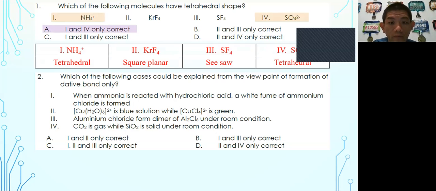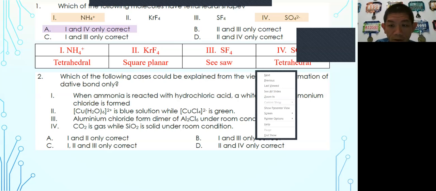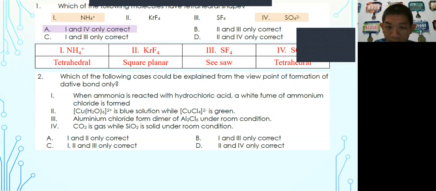Now, number 2, which of the following could be explained from the viewpoint of formation of dative bond only? So you have when ammonia reacts with hydrochloric acid, a white film is formed. So you have NH3, and this is how it reacts, with the lone pair electrons reacting with HCl.